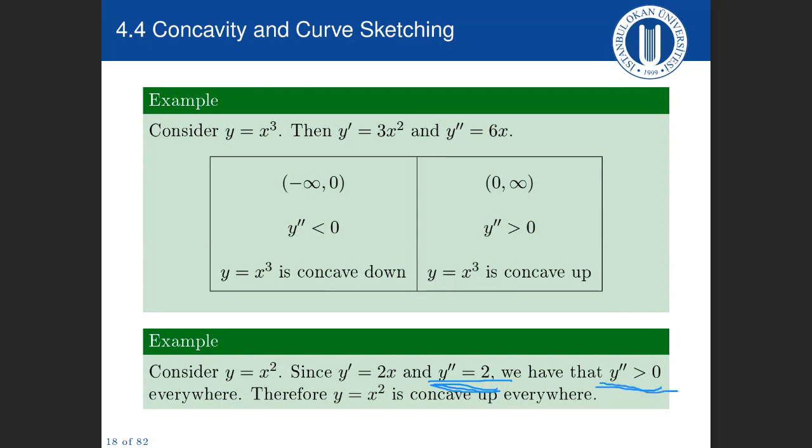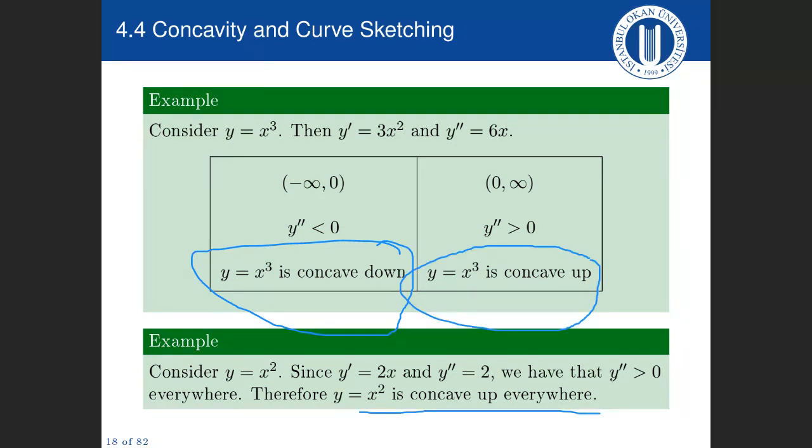That means y is equal to x squared is concave up everywhere. So let me repeat, y is equal to x cubed is concave down on the left and concave up on the right of 0. But x squared is concave up everywhere.